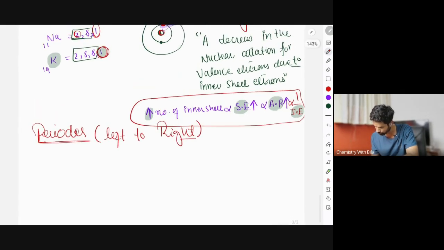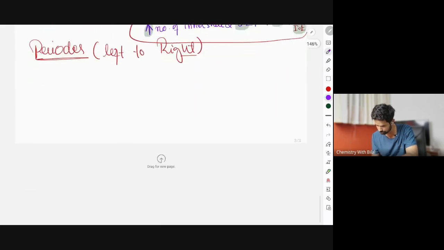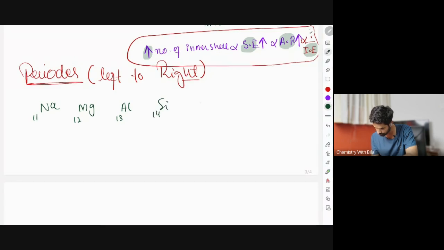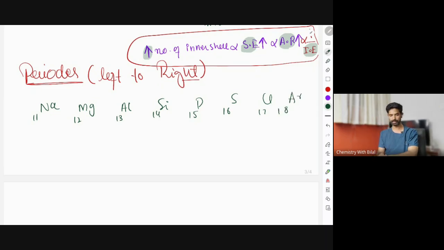Right? So let me write all the elements in any specific period, because period 3 is part of our syllabus. So let me write the same period here. So you see sodium, magnesium, aluminum, silicon, phosphorus, sulfur, chlorine, and argon. These are all elements of period 3.